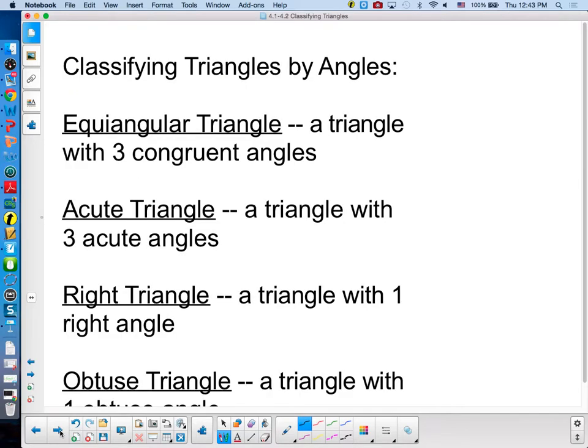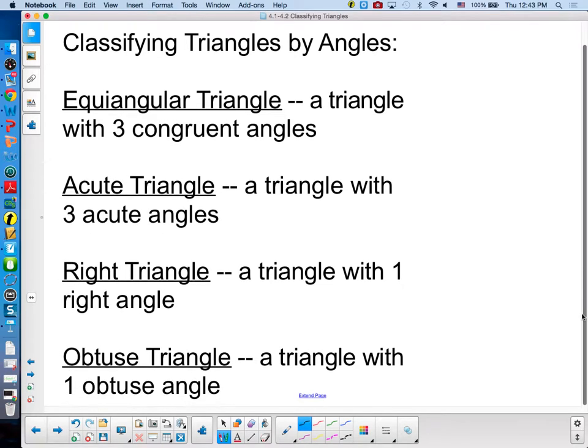Let's classify by angles. Those go down at the bottom there. We'll use the marker boards in a little bit, so don't put them too far away.